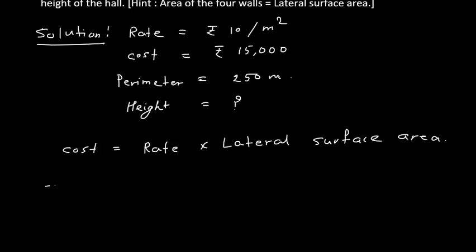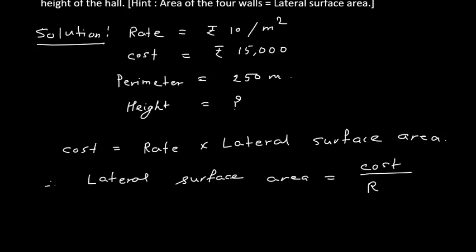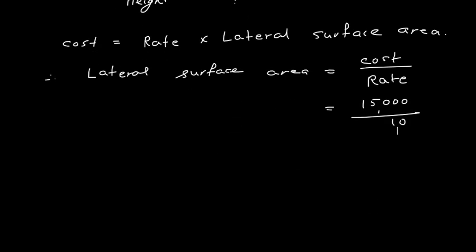So therefore, lateral surface area will become cost upon rate. Now I have total cost 15,000 and the rate is rupees 10. So I will divide 15,000 by 10. I will get 1,500. So 1,500 is lateral surface area.